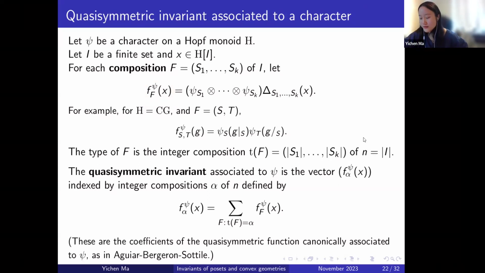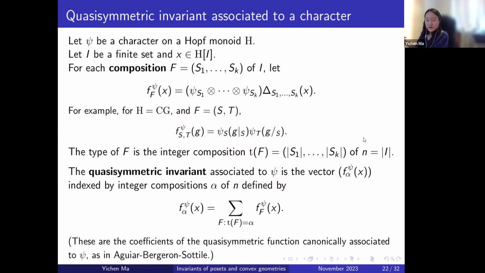So for example, if H is the Hopf monoid of convex geometries and F is a composition of length 2, then this F value is simply: we first apply C restricted on S to G restricted on S, times C restricted on T applied on G contracted by S. This is because we know how the coproduct is determined. The type of F is the integer composition determined by the size of each S_i.